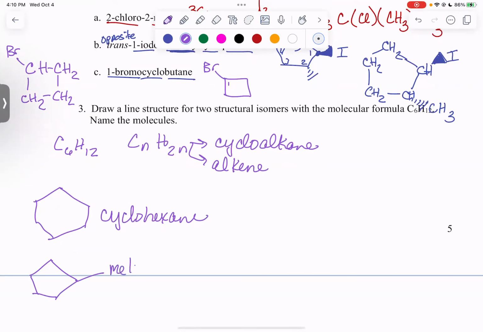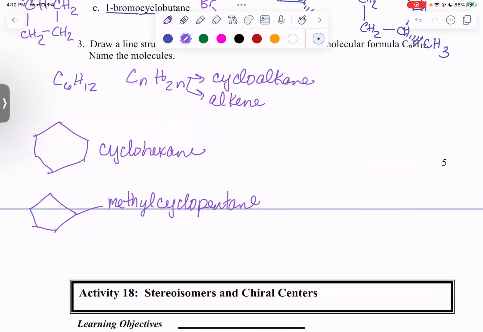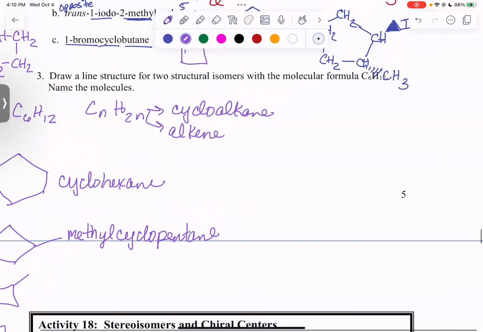So this would be methyl cyclo, and then 1 less is pentane, right? And I could keep doing this. I could take 1 off and I could make butane, and I could have 1, 2, or I could do 1, 2, right? There's lots more. So like you could keep going and keep going and keep going, but we're not going to do that.